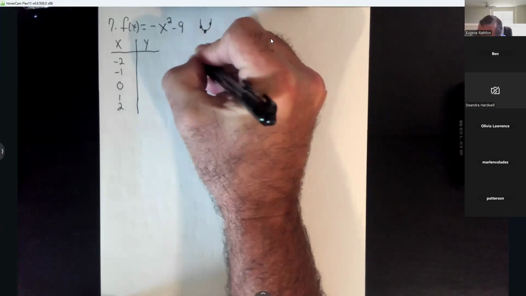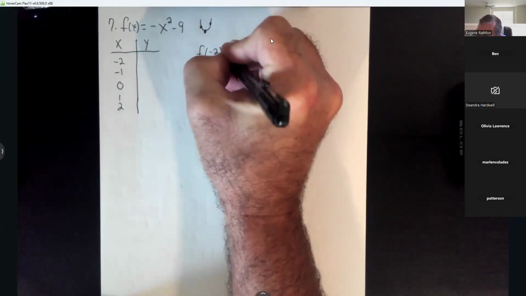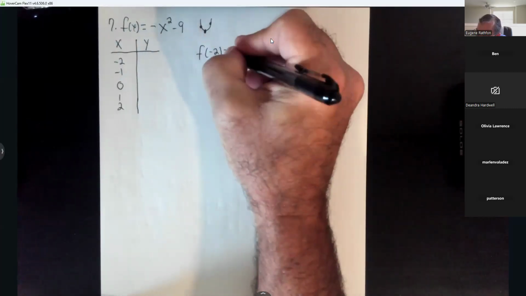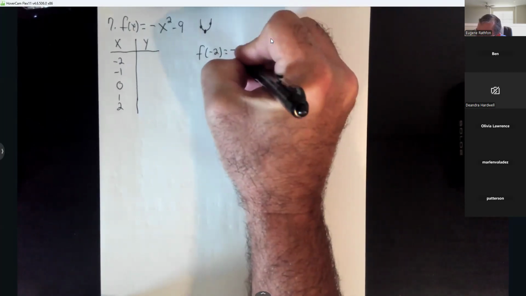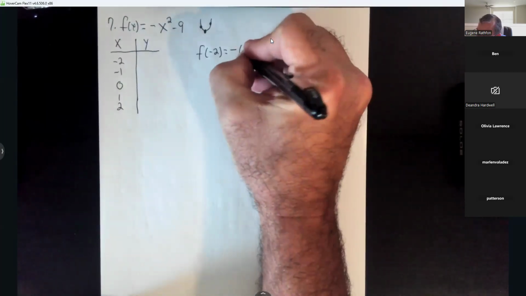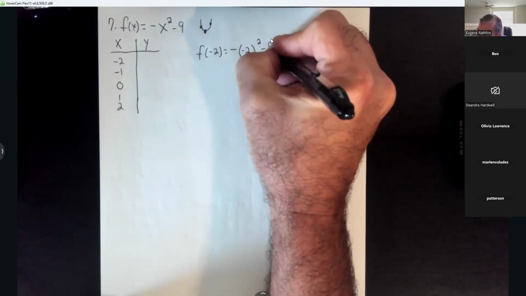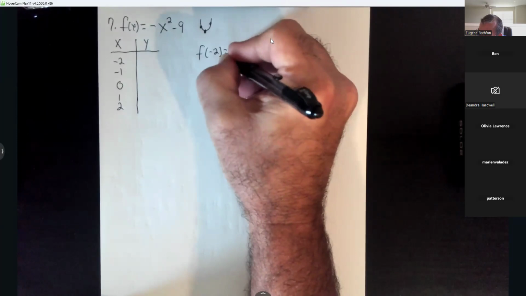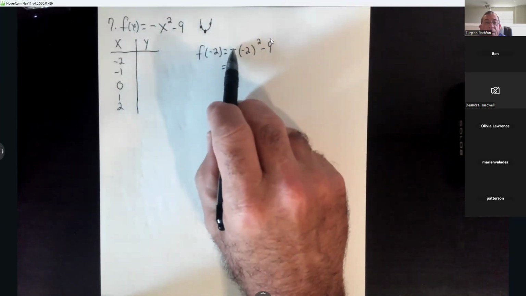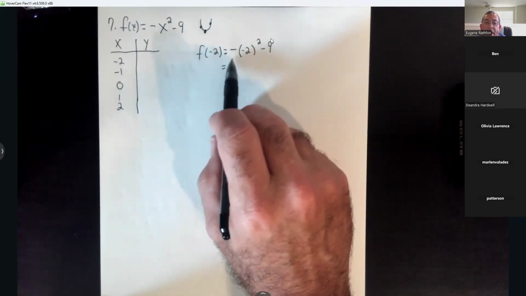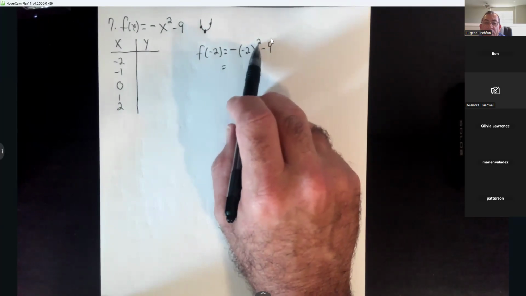So let me show you. F of -2. You write that negative first, then put in your x, which is -2, square that, minus 9. So once again, you can't go negative times negative and make that a positive because you got the exponent here.